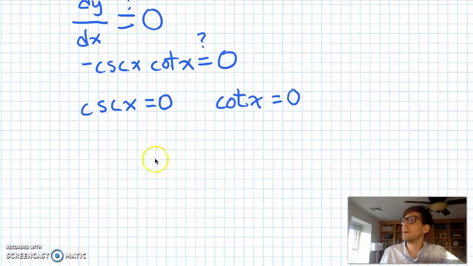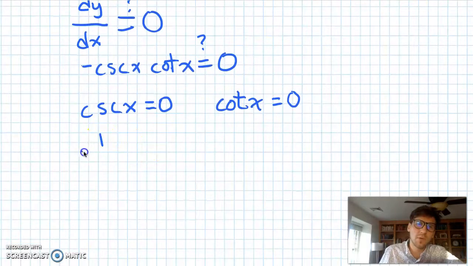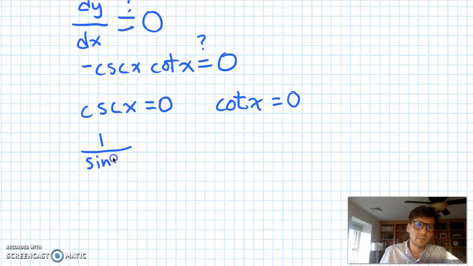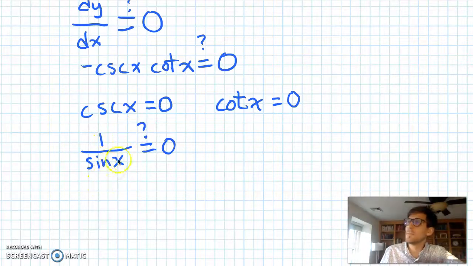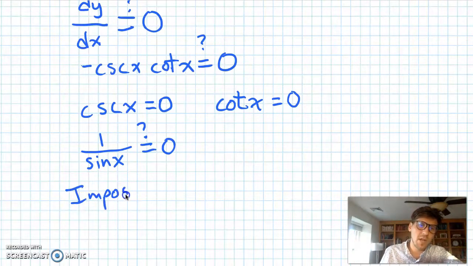So let's think about it. Cosecant is 1 over sine of x. Well, there's nothing that sine could be to make that 0. So we're not going to get any solutions from the cosecant part.